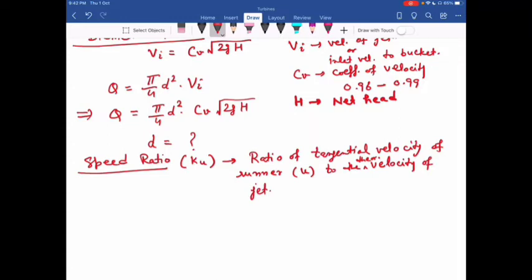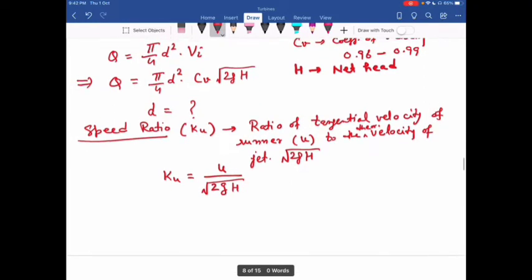The theoretical velocity of jet is under root of 2gH, that is without Cv. So I can write Ku is equal to u divided by under root of 2gH. This is the formula of speed ratio for Pelton turbine.